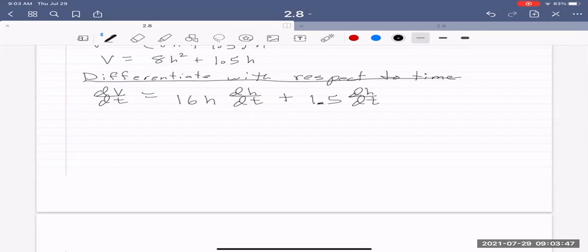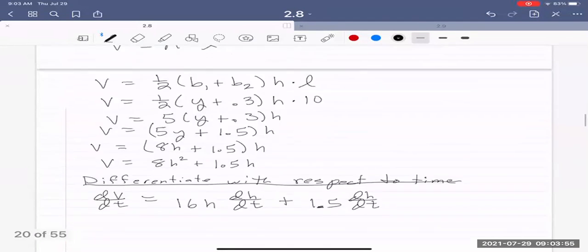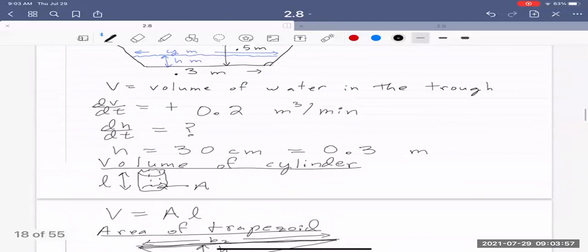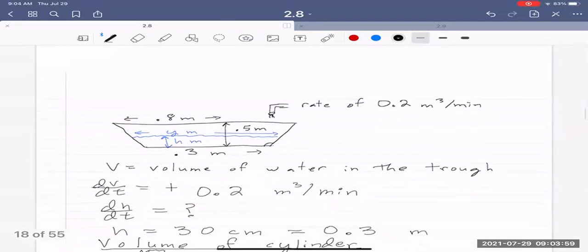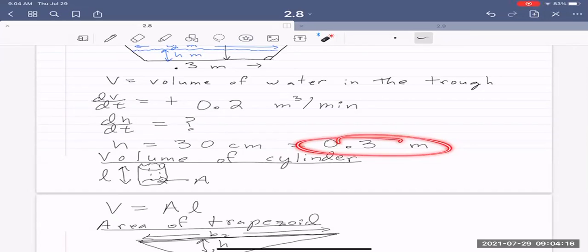Okay. So now let's plug in, I guess. dV/dt is 0.2. We want to figure out the dh/dt. And h here is 0.3.